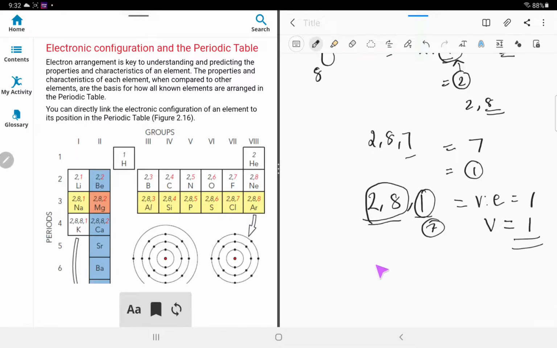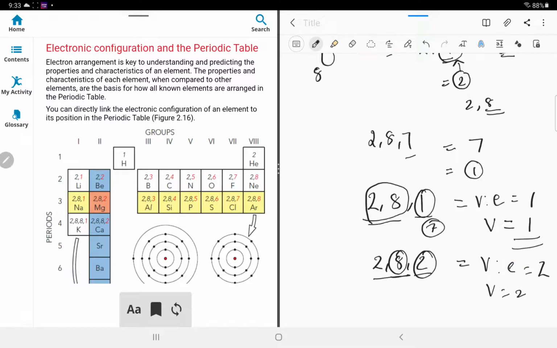Consider magnesium, 2,8,2. Its valence electron, the outermost shell electrons, is 2, and valency is also 2 because it can donate 2 electrons and have an octet electronic configuration.